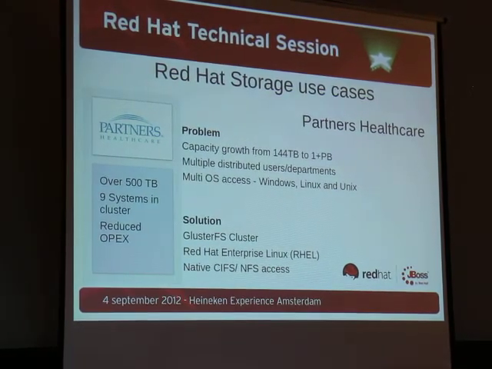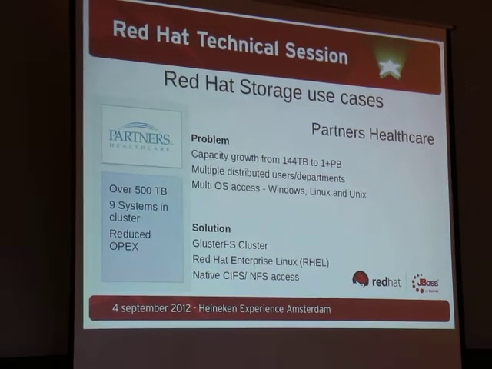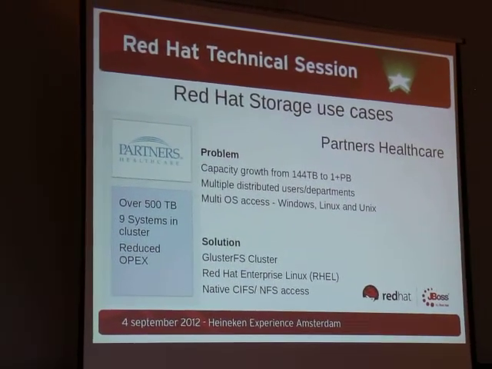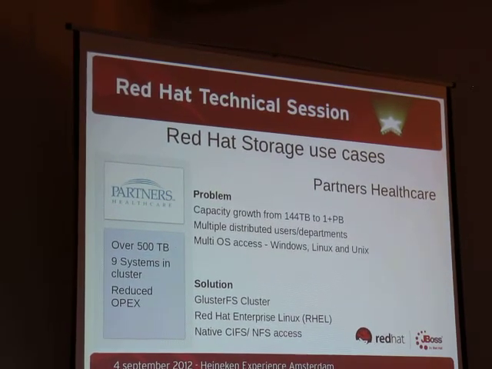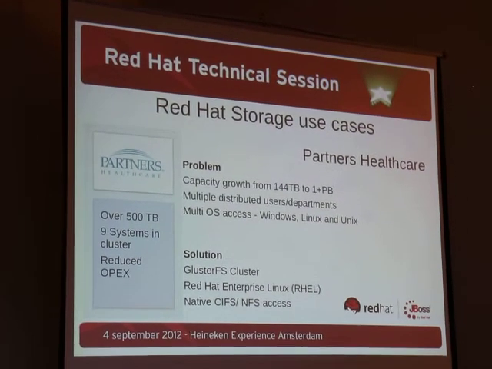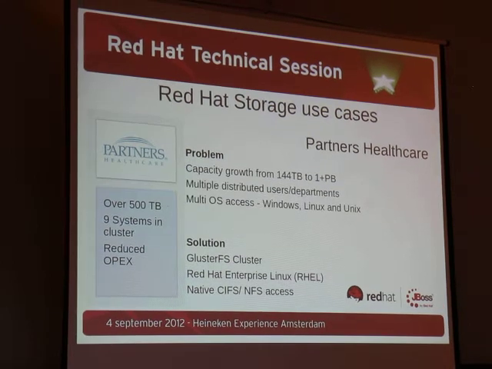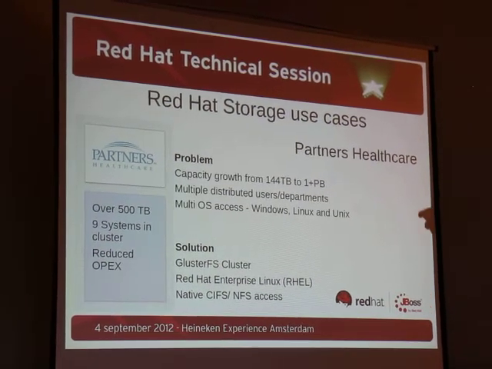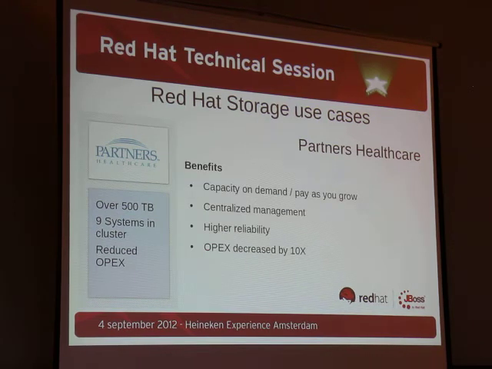Well, just a few examples of use cases. This is a company in America, consisting of several hospitals, and they are using Gluster because they had problems with capacity growth, multiple distributed users, departments, several locations, and this has been resolved with GlusterFS. They're using native CIFS access, NFS and CIFS.